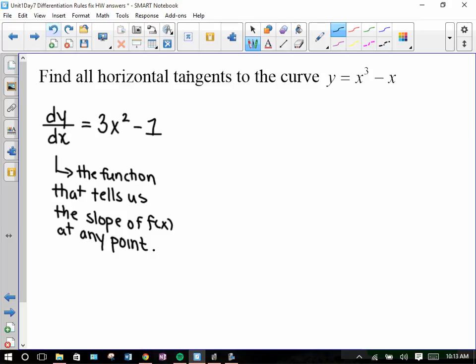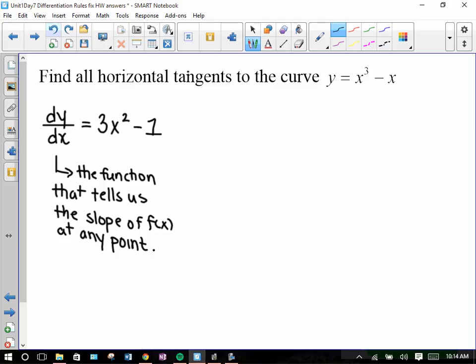So what we want to find here is at what x values the slope of this function is equal to 0. So we want to figure out when the derivative is equal to 0.